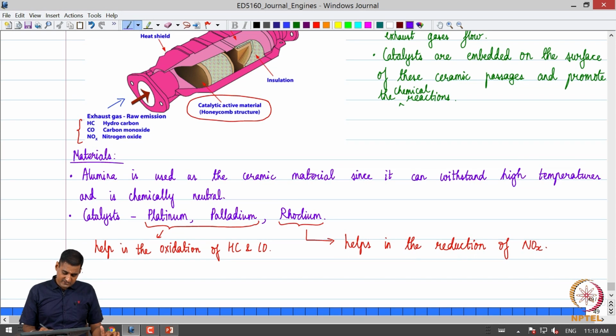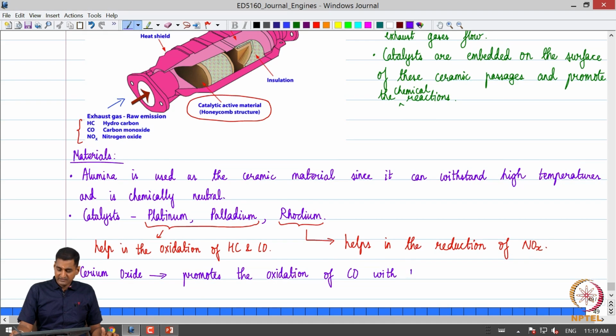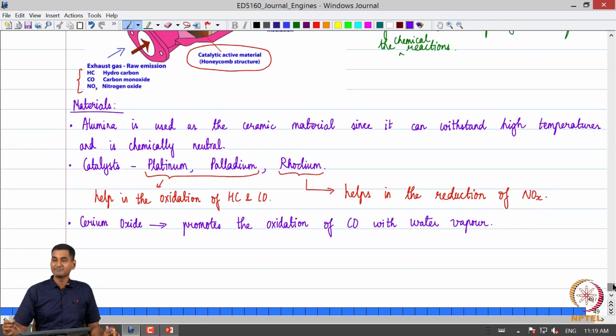Sometimes cerium oxide is also used. Cerium oxide essentially promotes the oxidation of carbon monoxide with water vapor. This is particularly useful when the engine is operated with a rich mixture. Why?